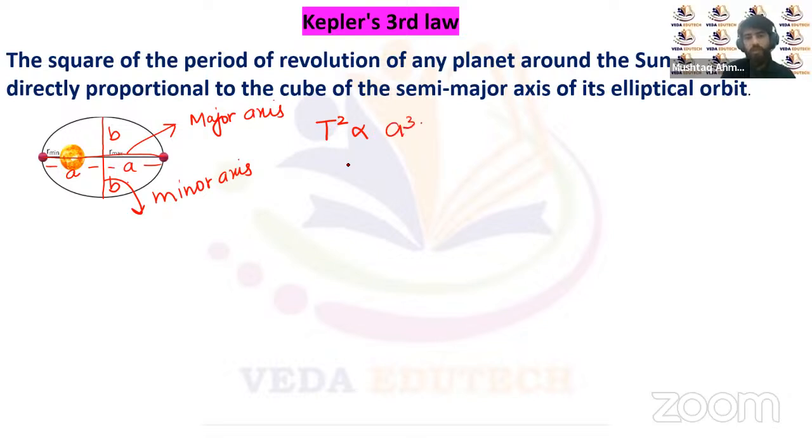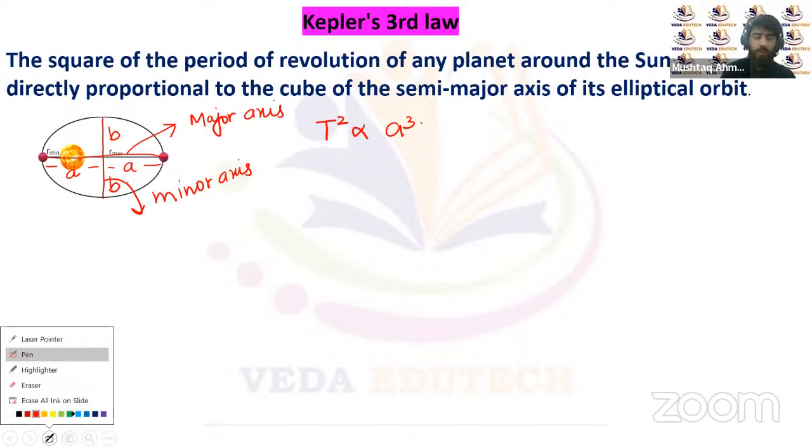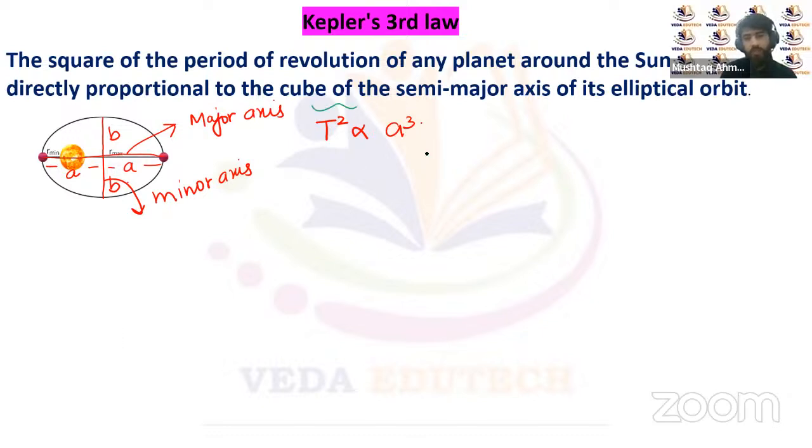So this is Kepler's third law of motion. It means that where the semi-major axis of the ellipse is greater, the time period in that orbit will be more, right?